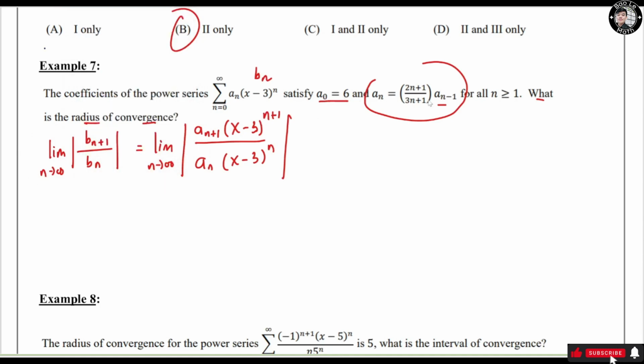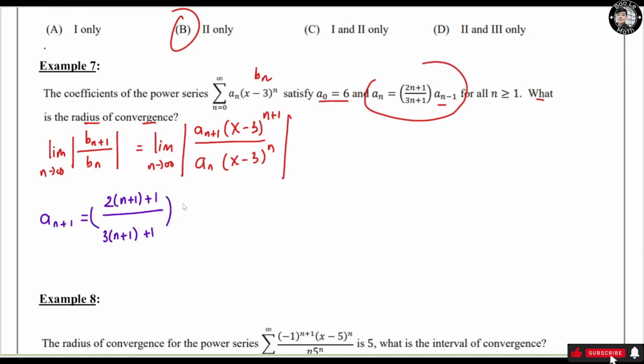You have a sub n equals this guy times a sub n minus 1. Now, if we take a sub n plus 1, so what happens? It's going to be 2 times n plus 1 on the top, right? Over 3 times n plus 1 on the bottom, right?